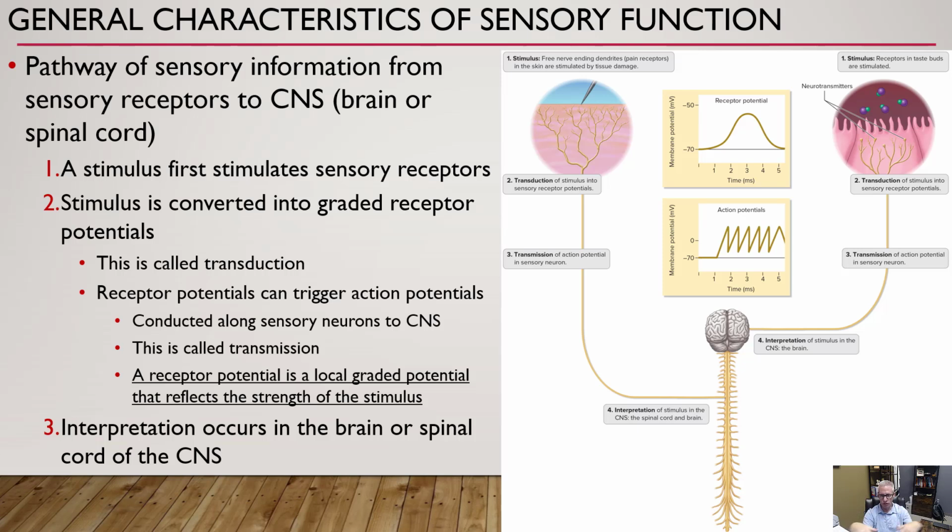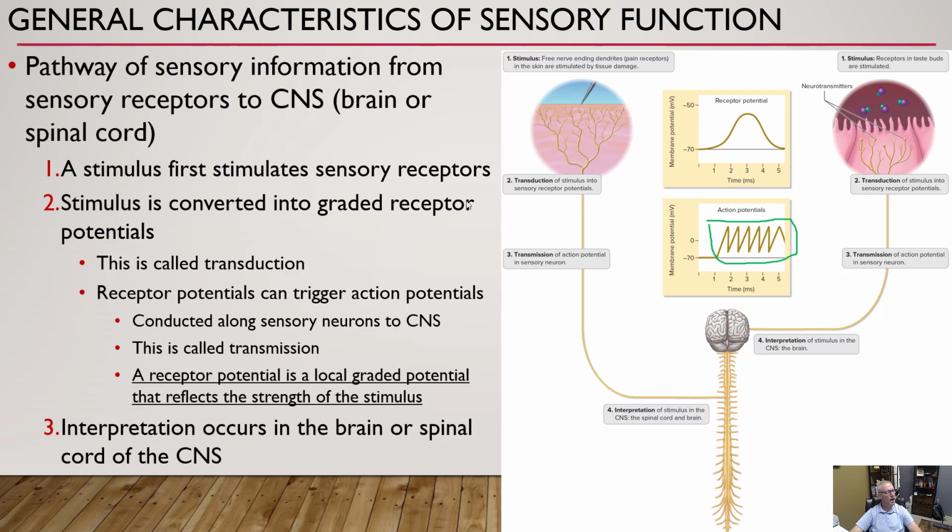We still have a threshold. We still have depolarization, repolarization. But you can see here that we don't necessarily have the typical graph of depolarization and repolarization that we saw in chapter 10 with our special senses.